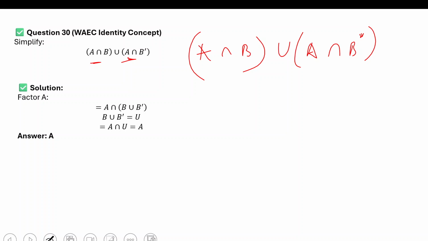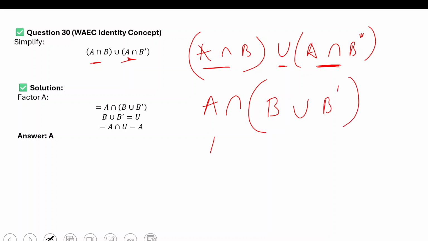These are set operations. This is union, but A intersect is common here and here, so I can bring it out as a factor. I will say A intersect, open a bracket, and put what is remaining: B union B prime.